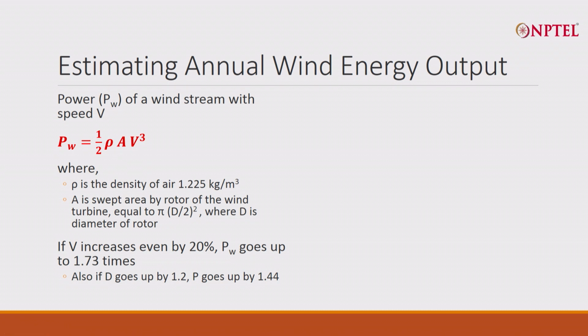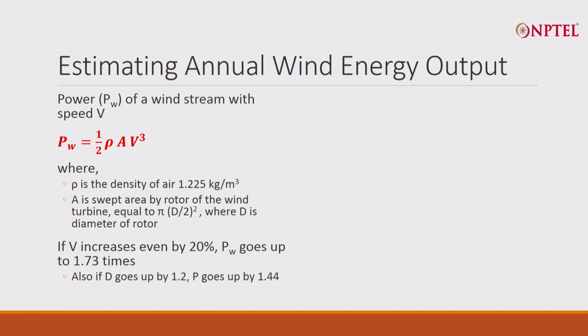Area is pi r square, pi d by 2 whole square, multiplied with velocity cube. So, if the velocity increases even to 1.1, what you will get is 1.1 into 1.1 into 1.1, and it is more like 1.35 or 1.4. If velocity increases by 20%, you are going to get about 75% more power.